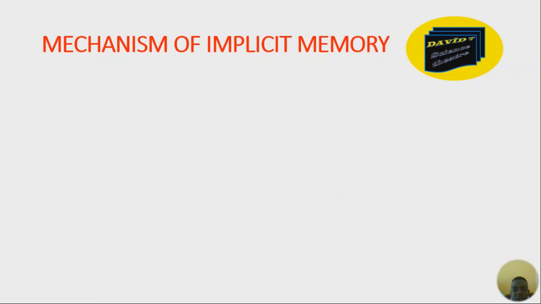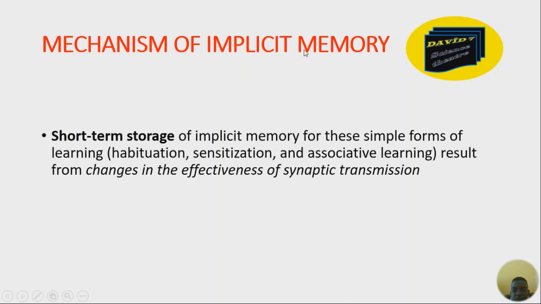Alright, the mechanism of implicit memory. In the recent video, we described memory, and we talked about implicit and explicit memory. So, the mechanism of implicit memory. Short-term storage of implicit memory for these simple forms of learning: this is habituation, sensitization, and associative learning.